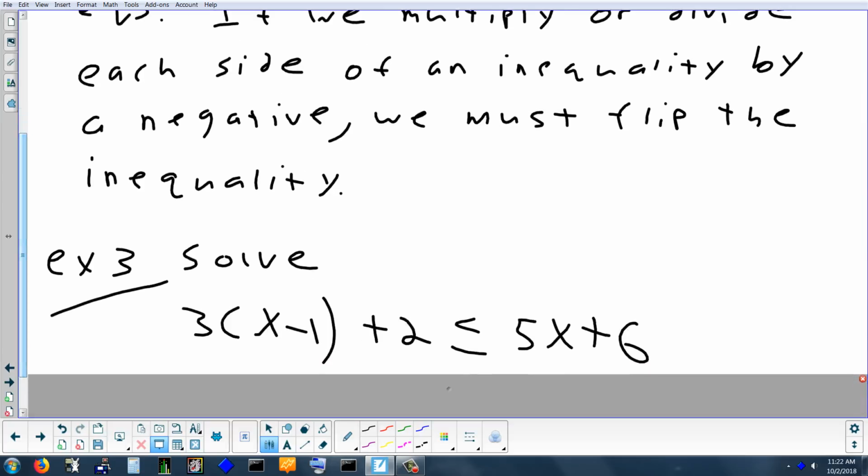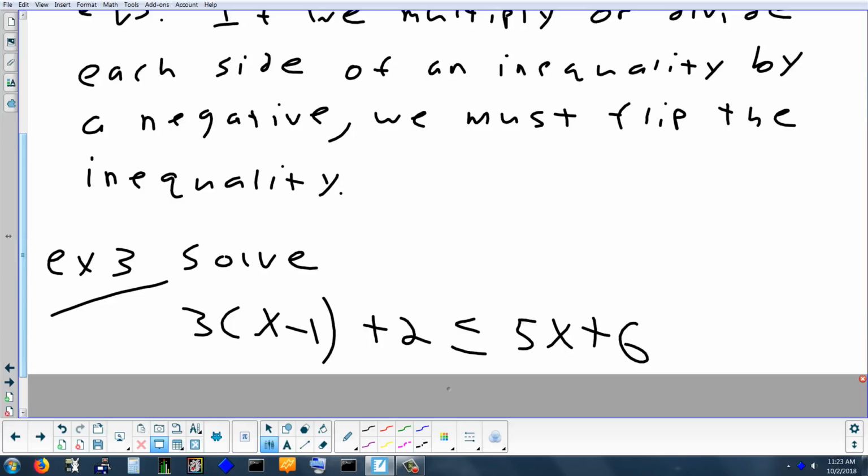Okay, so my inequality says 3 times (x minus 1), plus 2, is less than or equal to 5x plus 6. All right, so Sam, what would be the first thing I would have to do there? So factor the 3 into the x minus 1.